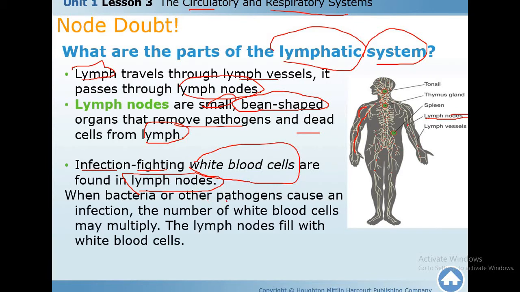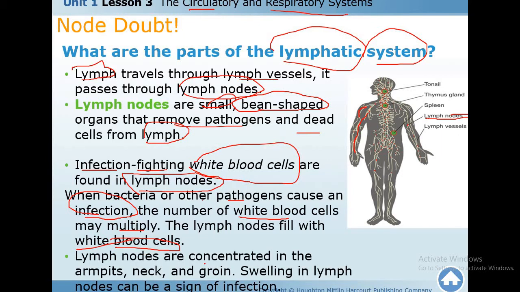When a bacteria or other pathogen causes an infection, the number of white blood cells may multiply. The lymph nodes fill with white blood cells to attack this pathogen.